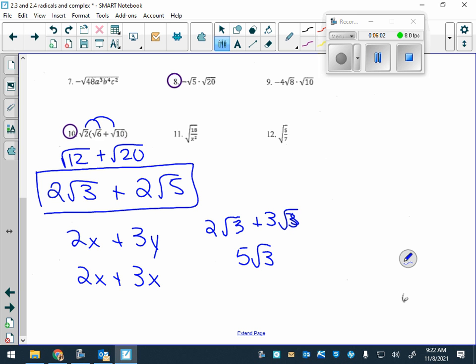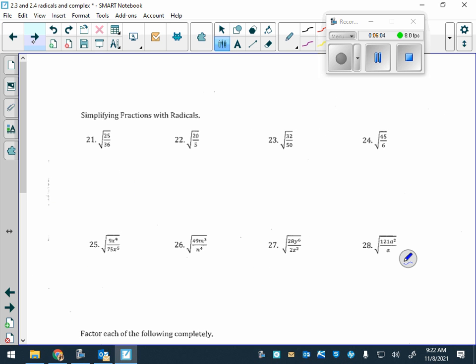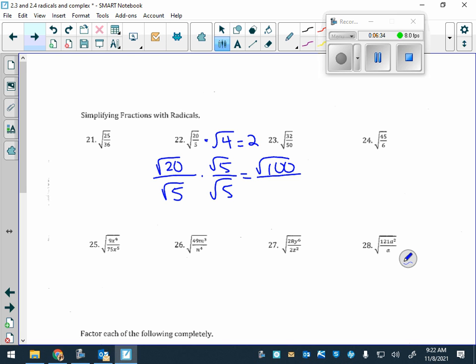So when you have it like this, if the radical is over the entire fraction, or even if it's not, you can divide 20 divided by 5. It's root 4, which is 2. You don't need to, because it could simplify. But say if you did, you have root 20 over root 5, right? And you multiply, let's just say, 20 times 5 is 100.